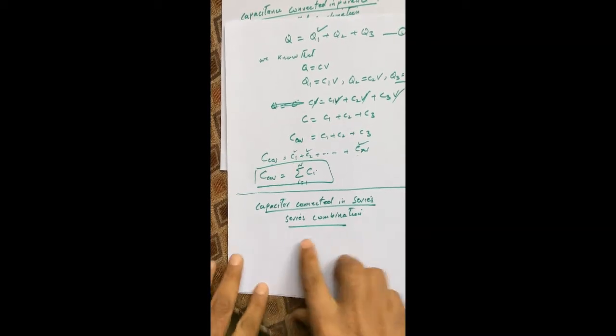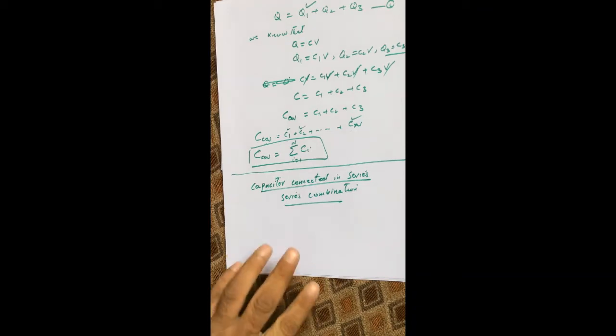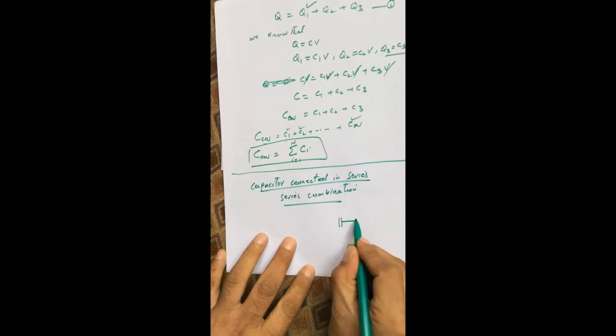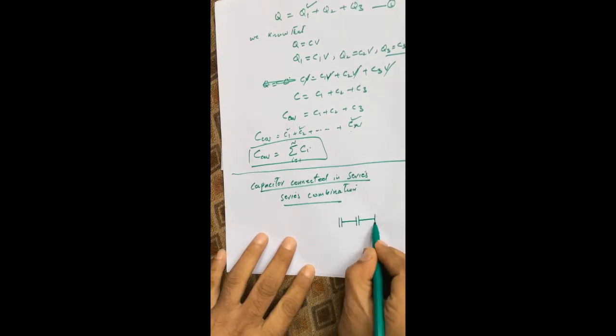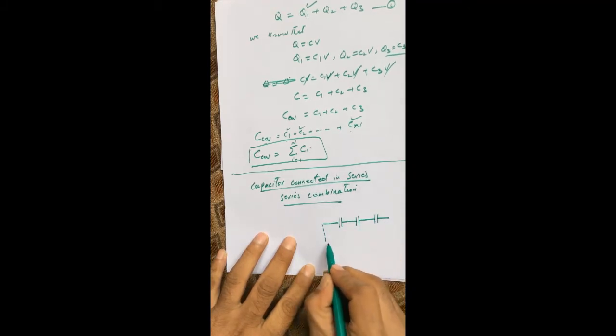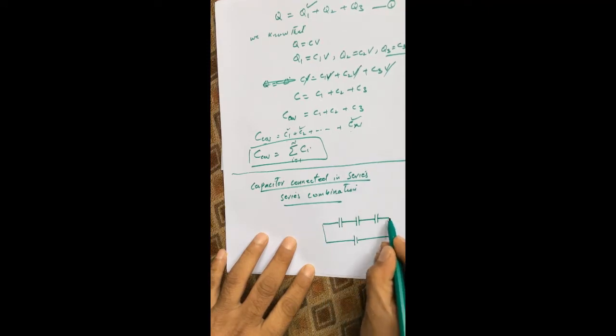Okay, next we will calculate the capacitance of capacitors which are connected in series, or series combination. Here again I consider three capacitors which are connected in series, and these capacitors are connected to an external battery.